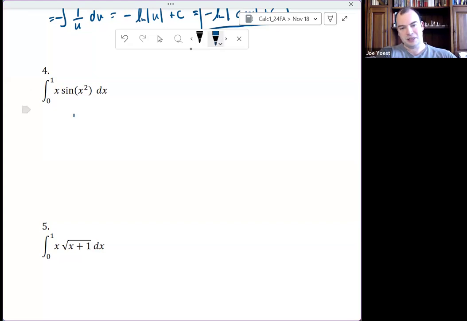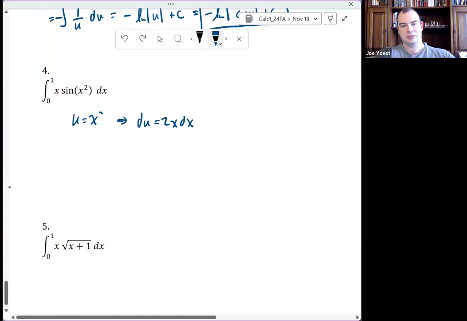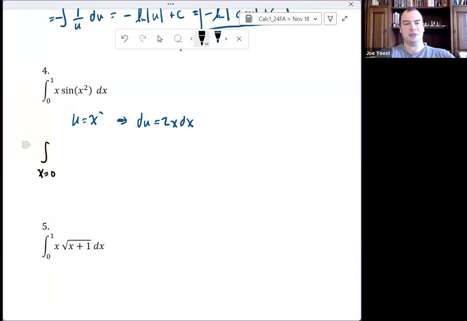So here I want to do something like u equals x squared. I think that's going to work pretty nicely. That's going to give me a sine of u, and then du is going to be 2x dx, and nicely enough, I have an x dx that'll work pretty nicely for du. I'm going to choose to rewrite this integral, being explicit about my bounds, integral x equals 0 to 1.